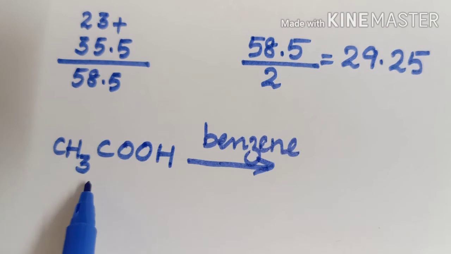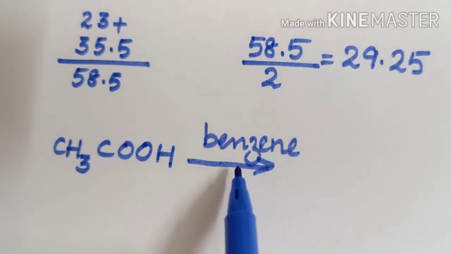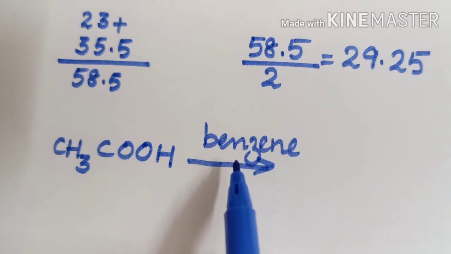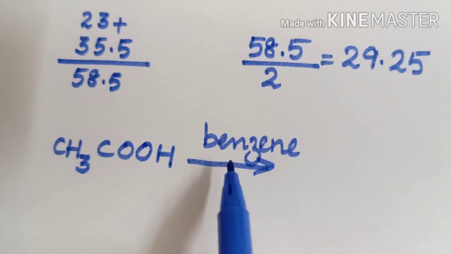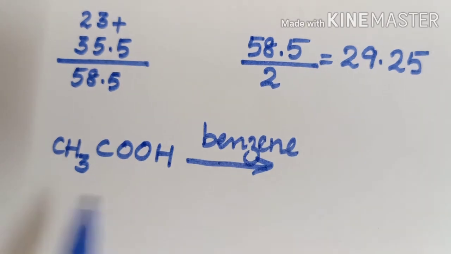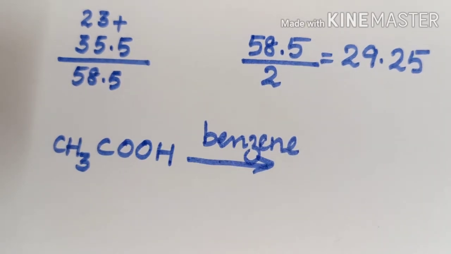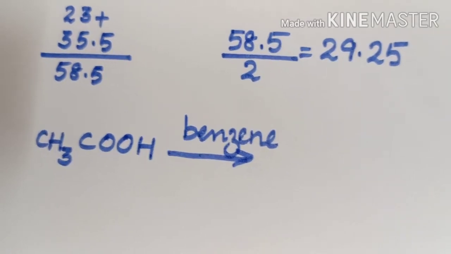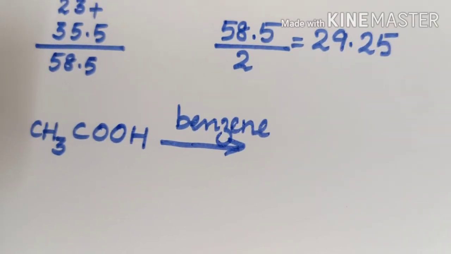So when an organic compound is dissolved in an organic solvent or a non-polar solvent which is having very low dielectric constant, you find that it undergoes dimerization. This happens because there is the formation of intermolecular hydrogen bonding.